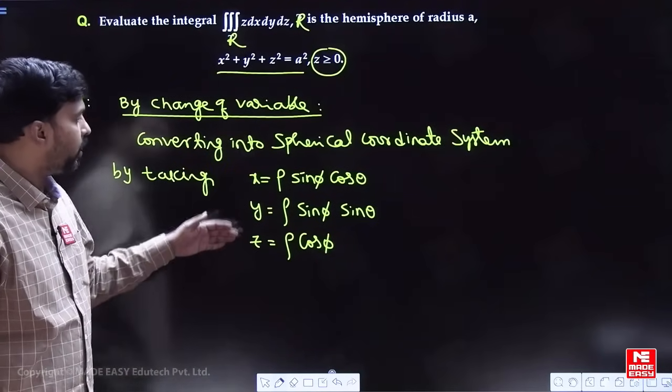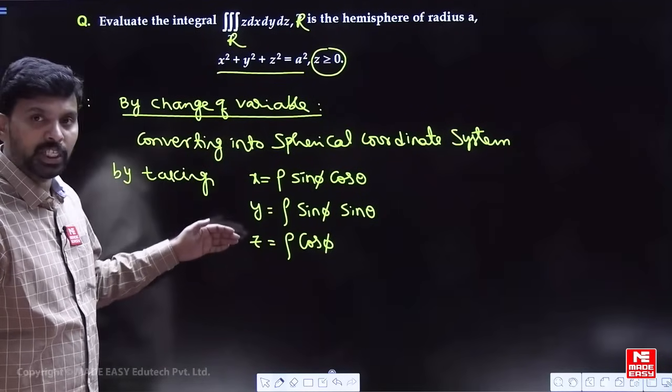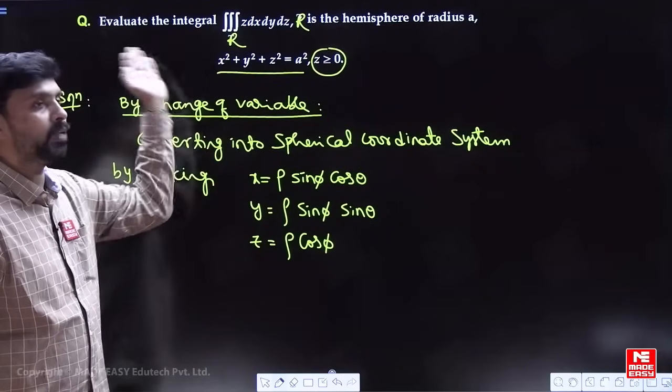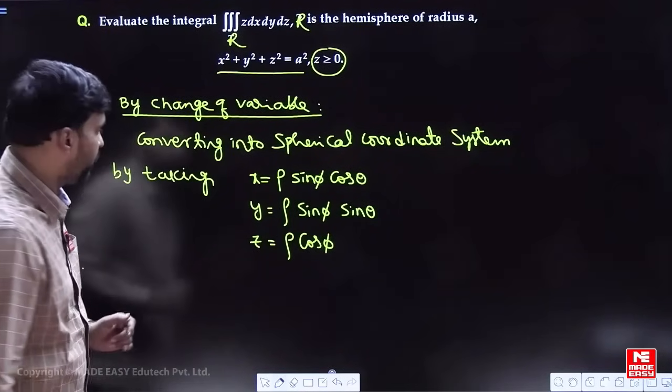So these are the substitutions to transform the Cartesian system into the spherical system here.